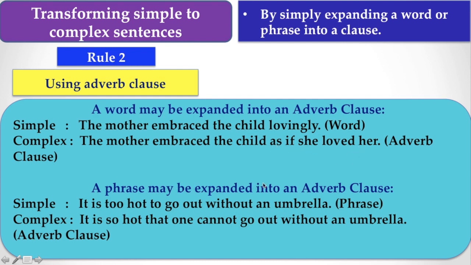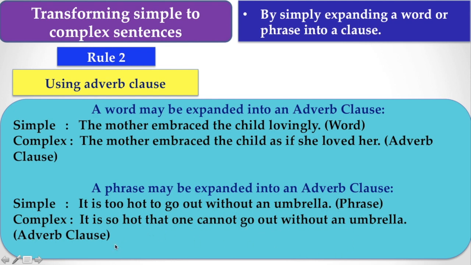A phrase may also be expanded into an adverbial clause, like: it is too hot to go out without an umbrella. Here also the phrase is transformed into a clause: it is so hot that one cannot go out without an umbrella.